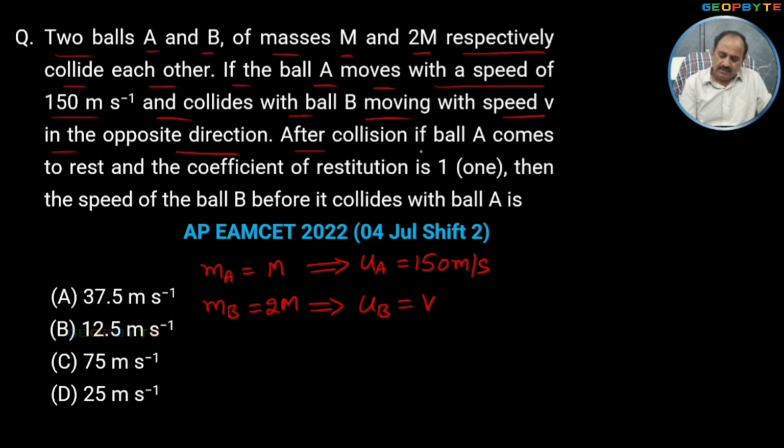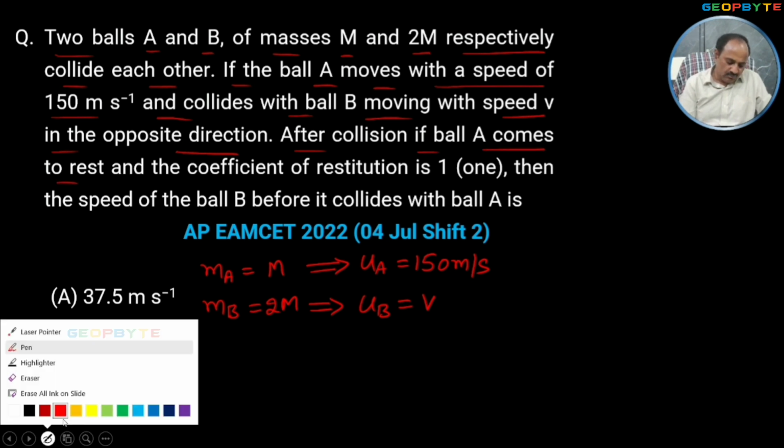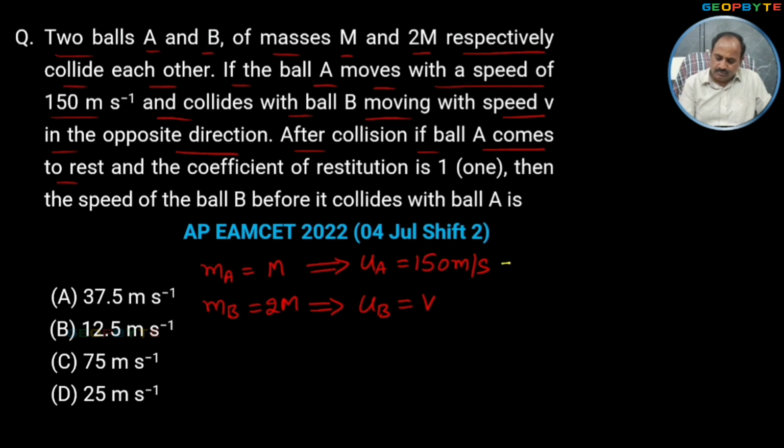After collision, ball A comes to rest, which means the final velocity of ball A equals 0, and the coefficient of restitution e equals 1.